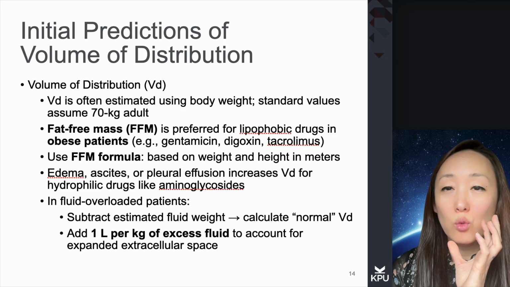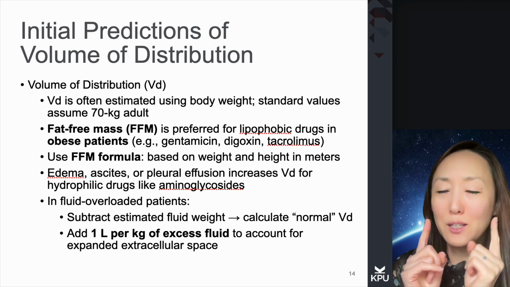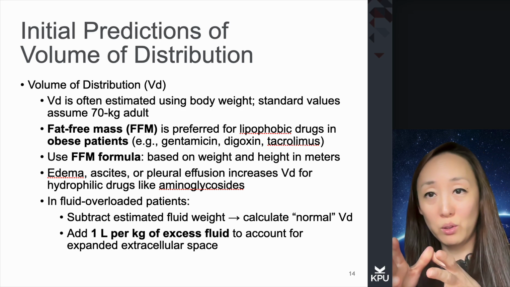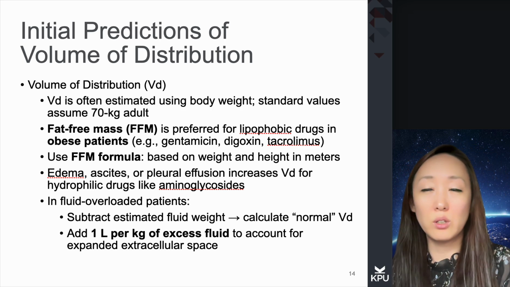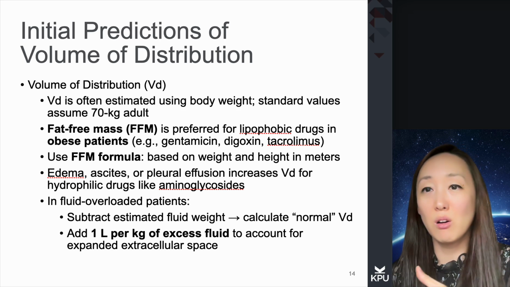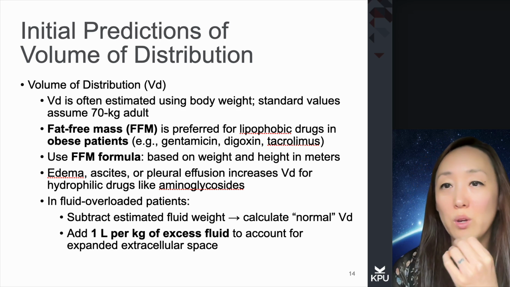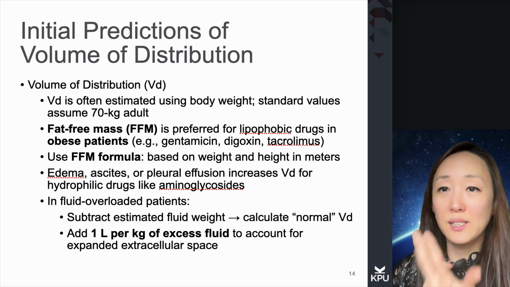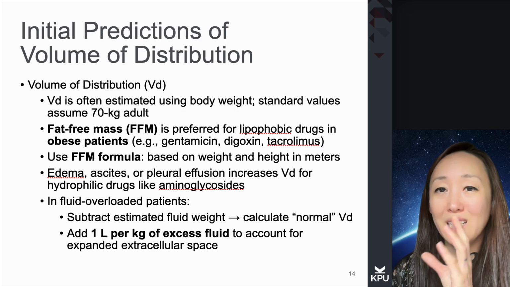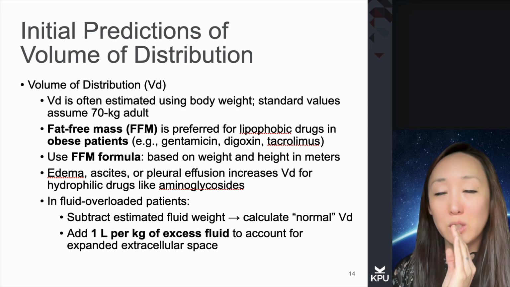Now, on the other hand, though, let's consider patients who have fluid overload because of water retention from conditions that they are struggling with or other medications that cause this. So those with pleural effusion or generalized edema in their body or ascites, these patients have an expanded extracellular space that's water-filled.